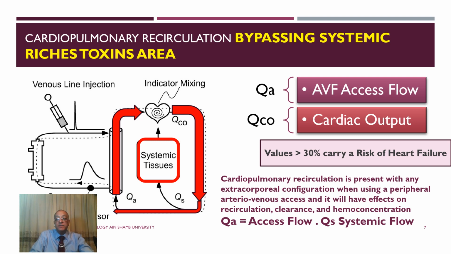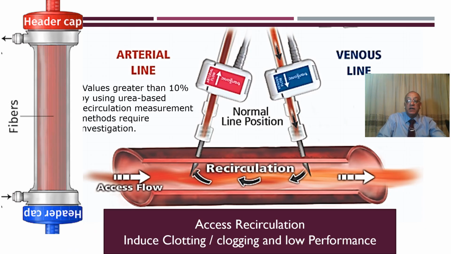Also, if the flow in the arteriovenous fistula is high, like more than 1 liter or 1.5 liters, or even more than 30% of the cardiac output, there is a risk of heart failure as well. So please, it should be mandatory that the blood flow inside the fistula does not exceed 30% of the cardiac output.